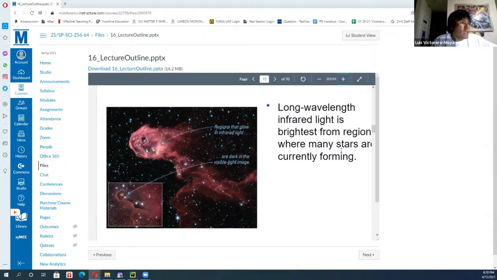So when you want to study the beginning of star formation, you want to use infrared light. Later on, when stars are being formed, when you have T Tauri stars, a protostar, and obviously main sequence stars, you can already go into visible light because there is no more dust and no more cloud surrounding it, and then you can actually see the star itself.